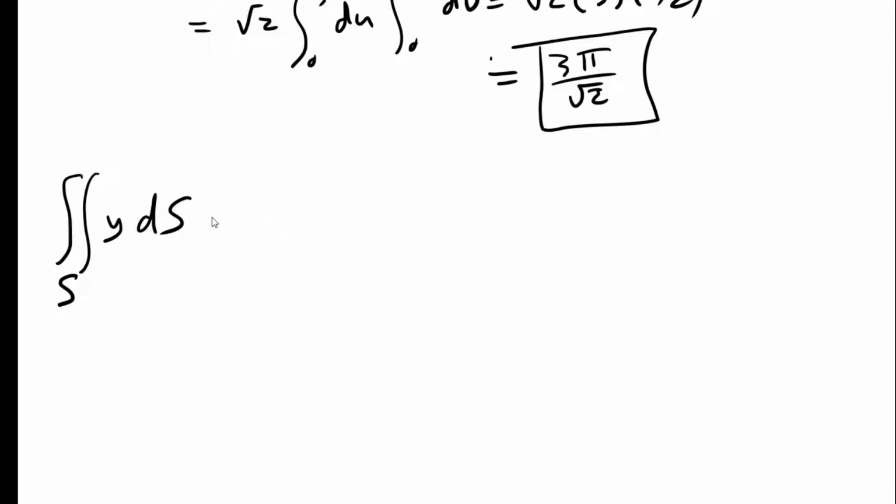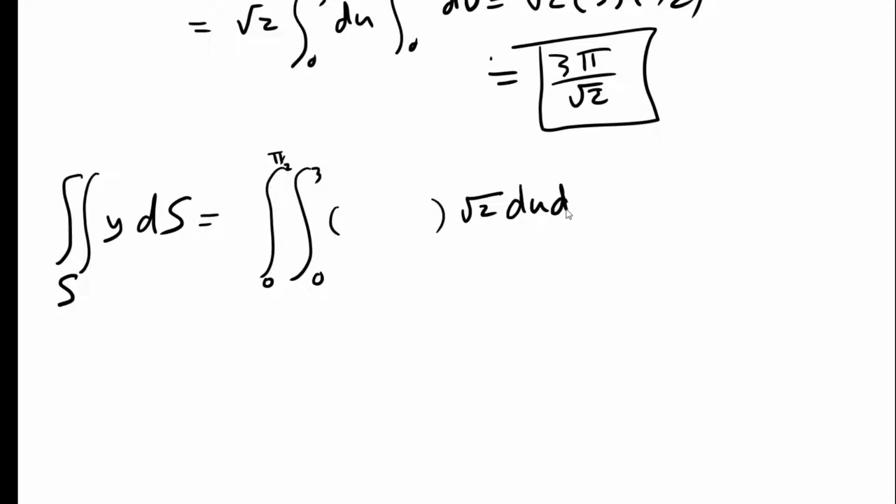So we've done all the hard work now. I can rewrite this as the integral, again, 0 to 3, 0 to pi over 2. Now I need to write what is y in terms of u and v, but then the rest of this still stays the same, root 2 du dv.